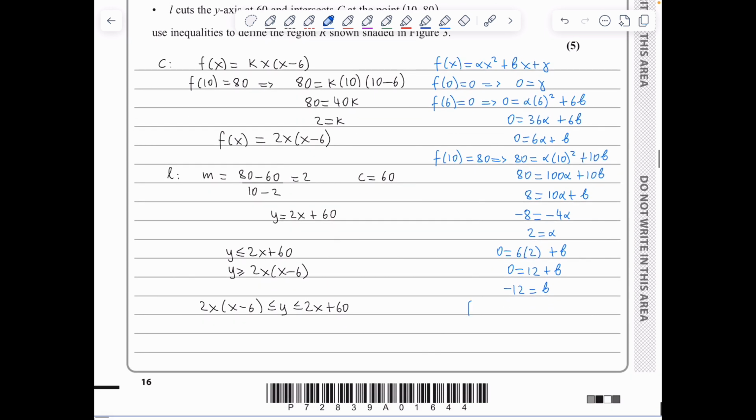And we get that f of x is equal to 2x squared minus 12x, which is simply the expanded form of 2x(x minus 6). And that would be an alternative way of determining the quadratic expression corresponding to f of x.